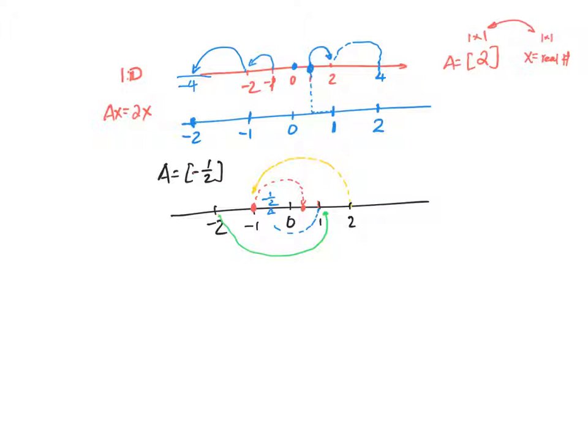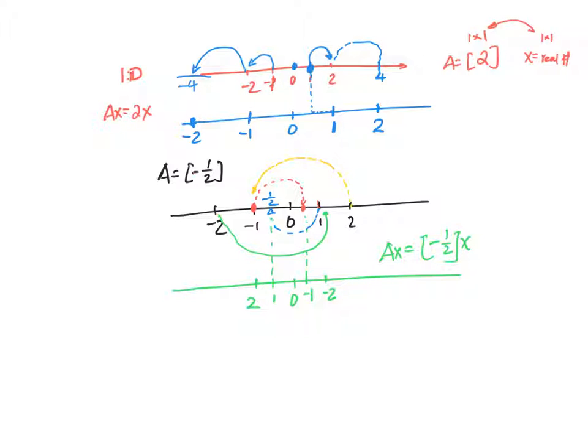So as an end result, you are going to flip this line and then condense it by half. So -1 goes to here, 1 goes to here, -2 goes to here, and 2 goes to here. So that's what the effect of -1/2 does. Basically you flip it and condense.